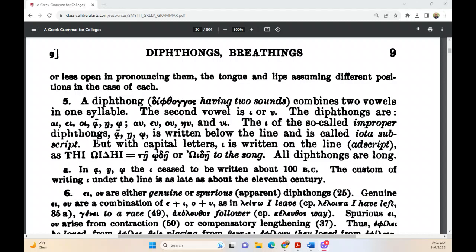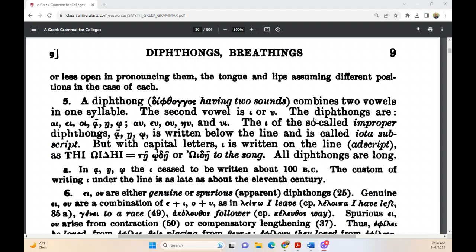They're not really the perfect examples of diphthongs, but they're still diphthongs because we do have, at least originally, two vowels in one syllable. So they are diphthongs, but they're improper. We could say unusual diphthongs, okay? And just remember what the meaning of iota subscript is.